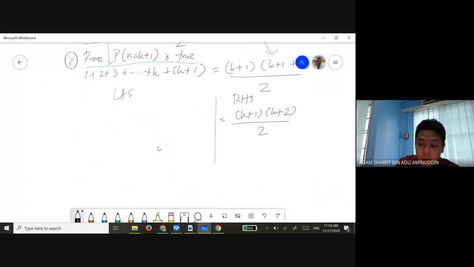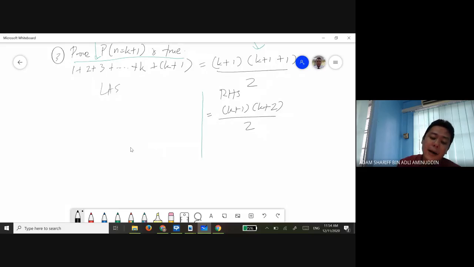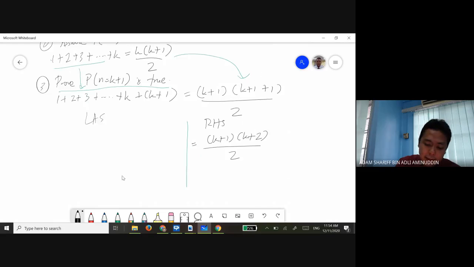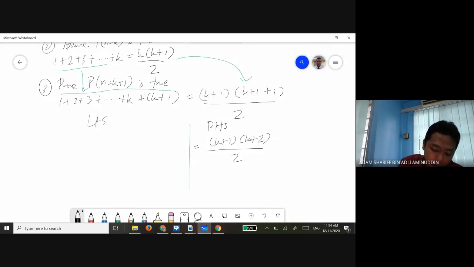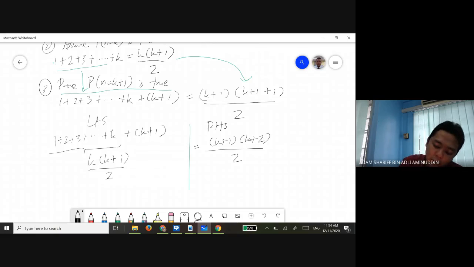So by using assumption 2, itu yang saya cakap tadi, by using assumption 2, from assumption 2 we believe the summation until k will be k plus 1 over 2. Don't forget you need to add up k plus 1 here.